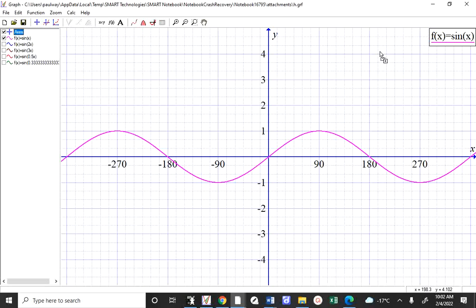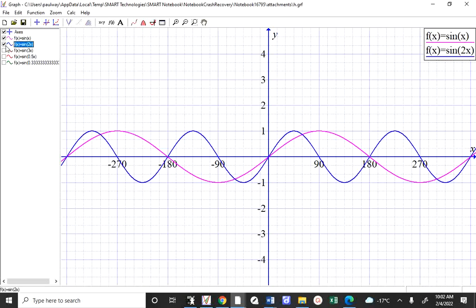Let me show you what the graph of y equals sine of 2x looks like. It's not stretched horizontally by a factor of 2. It's stretched horizontally by a factor of a half.